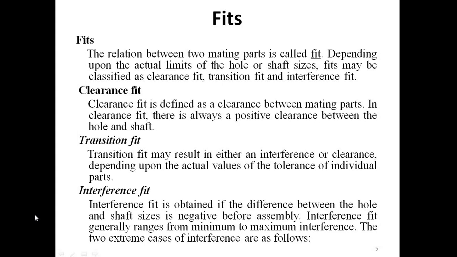Interference fits generally range from minimum to maximum interference. Then the transition fit may result in either an interference or a clearance, depending upon the actual values of the tolerance of the individual parts.